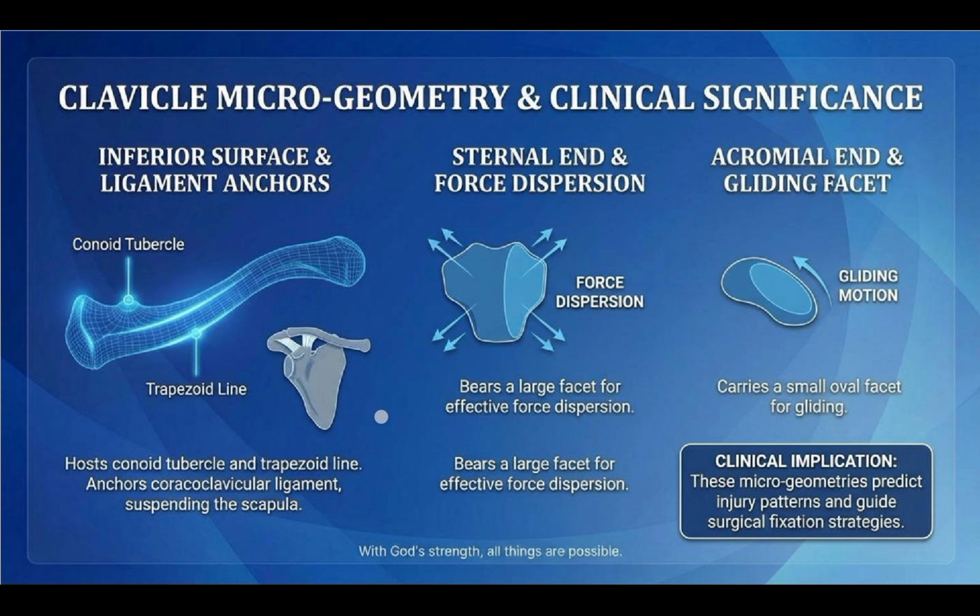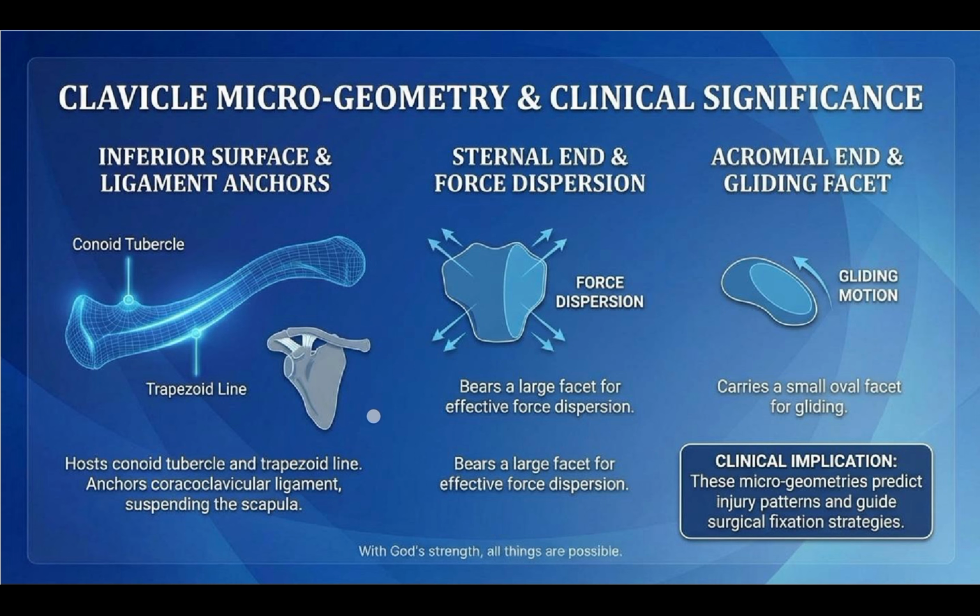So we have what we call the coracoclavicular ligament, and this coracoclavicular ligament is divided into two: the conoid ligament and the trapezoid ligament. The conoid ligament is attached at the conoid tubercle, while the trapezoid ligament is attached at the trapezoid line.